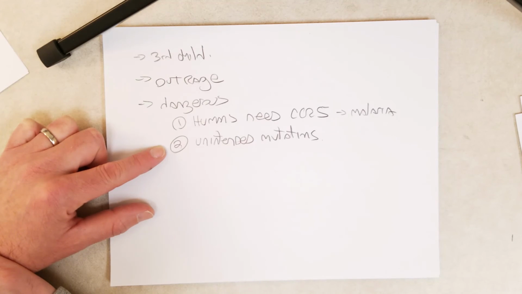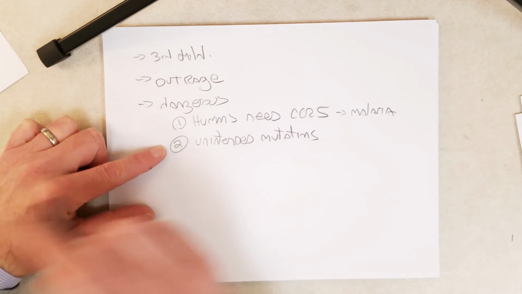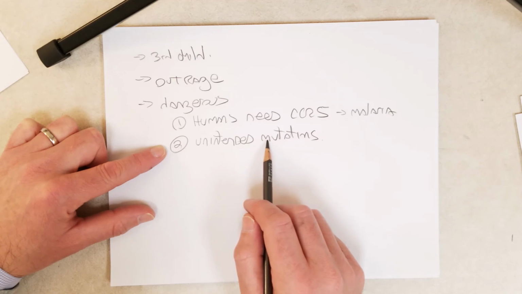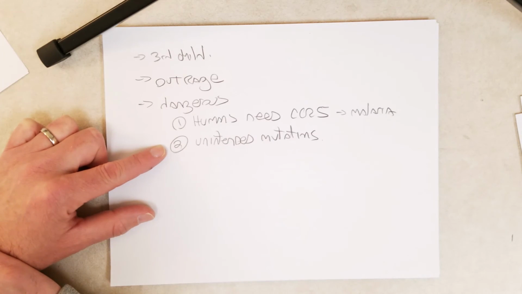CRISPR technology has been used all over the world in thousands of labs, and scientists are only now starting to understand the unintended consequences of using Cas9, what they call secondary site mutations that can occur. So it's not known if Dr. He's experiments caused unintended mutations in these children's genomes.